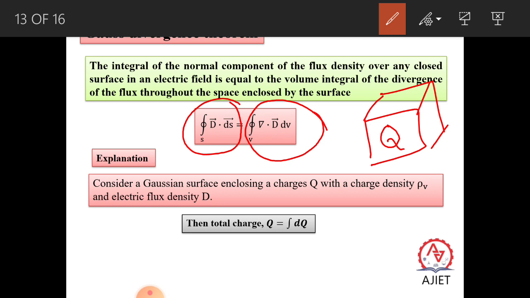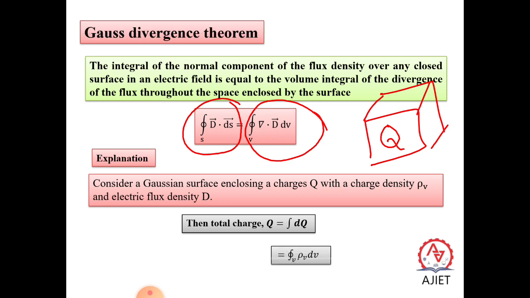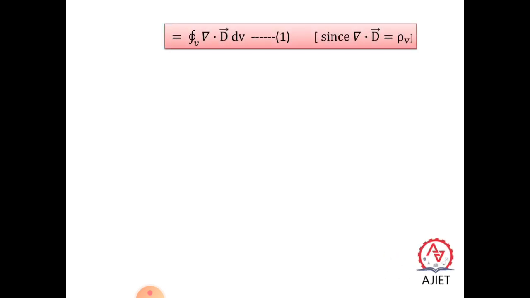The total charge Q is the sum of small charges q1, q2, q3, etc., the integral of dQ. From Gauss law we can write dQ as the volume integral of rho v into dv. And from the Maxwell first equation, del dot D is equal to rho v, so we can write it as del dot D into dv.